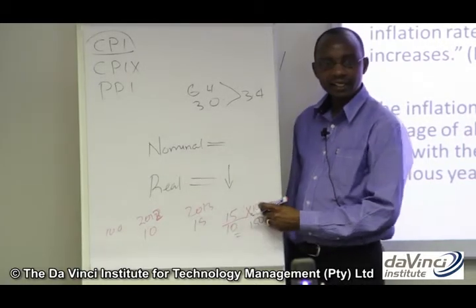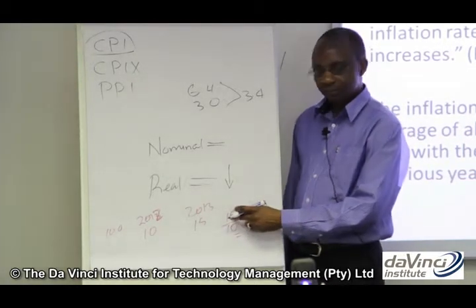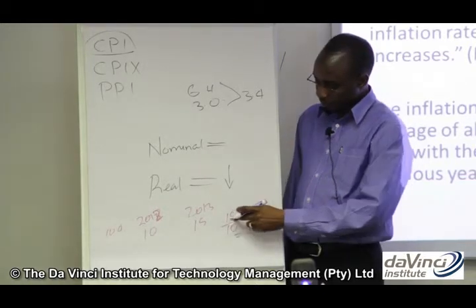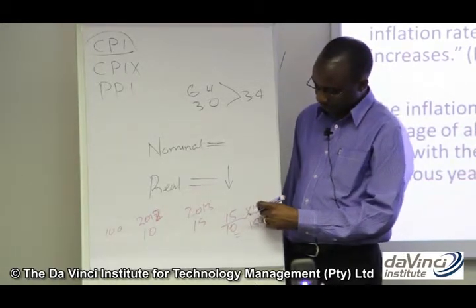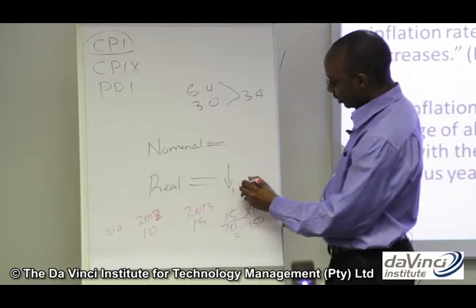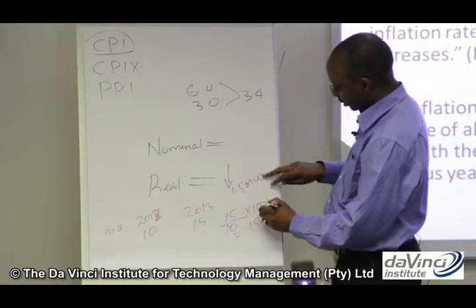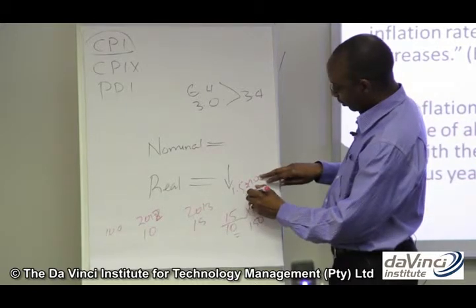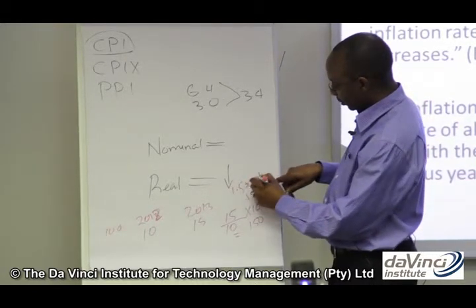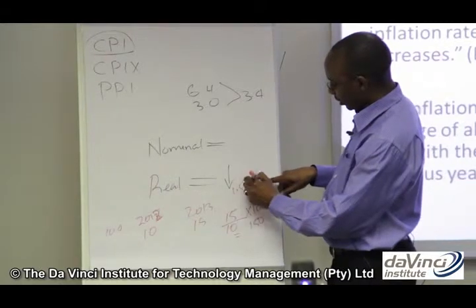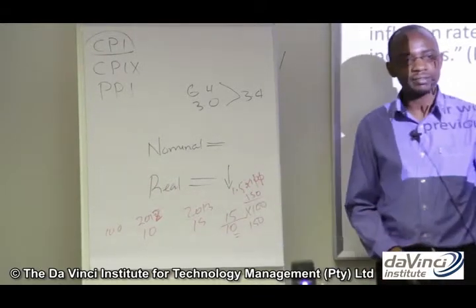15 divided by 10 times 100 gives you 1.5 times 100. To take out the comma, you cancel another 0, and it's 150.